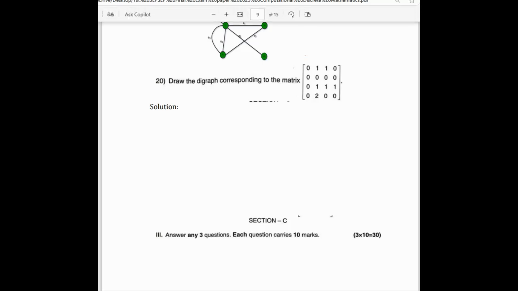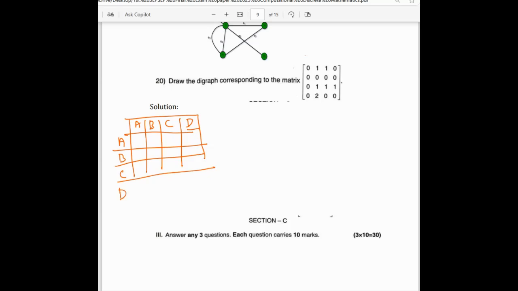It is A, B, C, D. We have 4 vertices. First, we'll write the matrix of the given things.